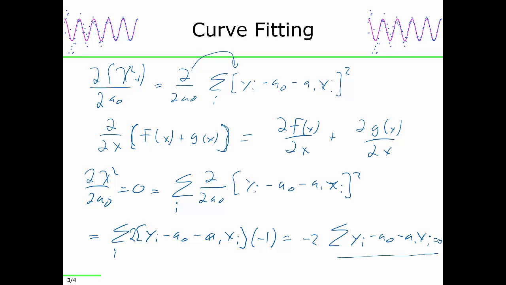Either way, you get the same thing. The point is that a constant scalar doesn't affect the 0. So the negative 2 is scratched out there.